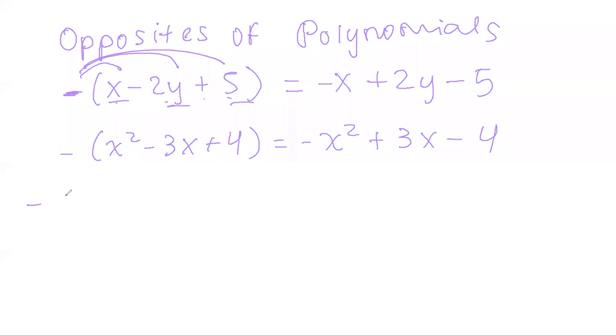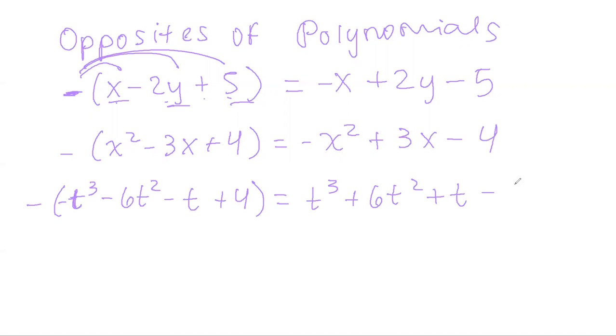If I have negative t cubed minus 6t squared minus t plus 4, I get t cubed plus 6t squared plus t minus 4. Okay, so you kind of get the idea, right? This next thing that I'll get into is now finally the subtraction.